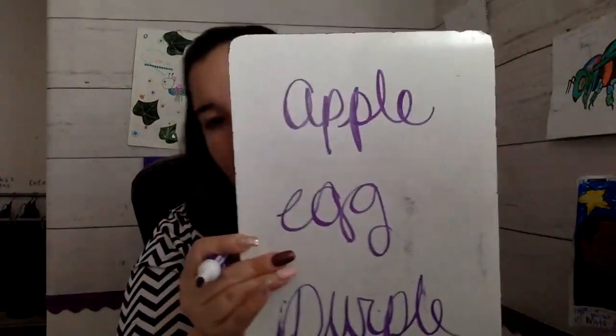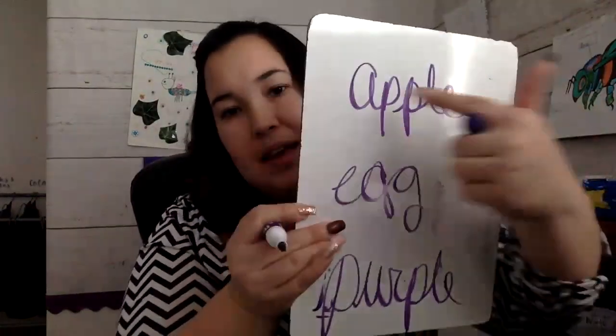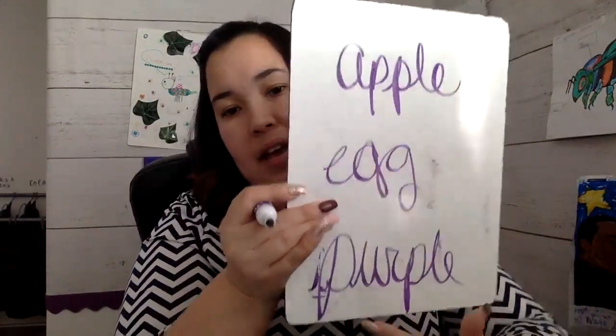Go. Think about it. It should be apple, egg, purple. A for apple, E for egg, P for purple. If you don't understand that, we'll do a little bit more practice. But again, we're just writing it in alphabetical order.